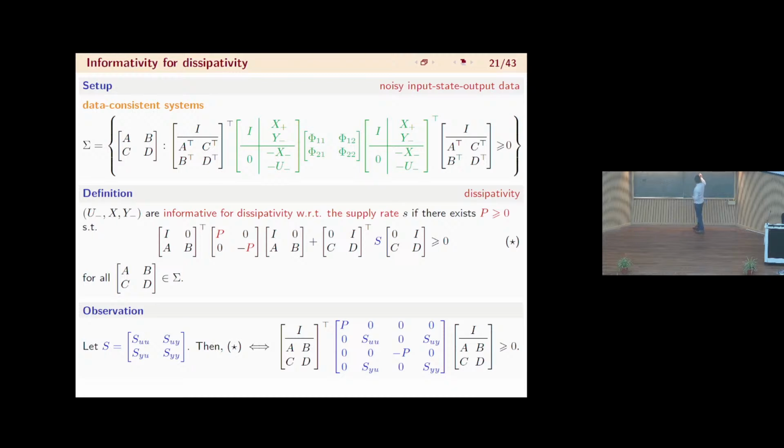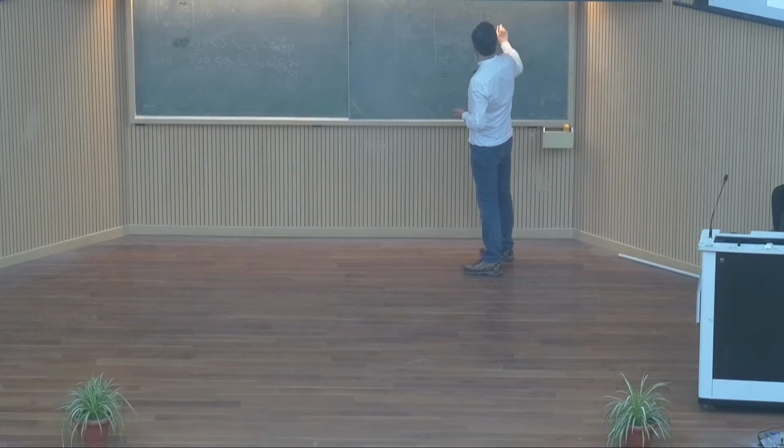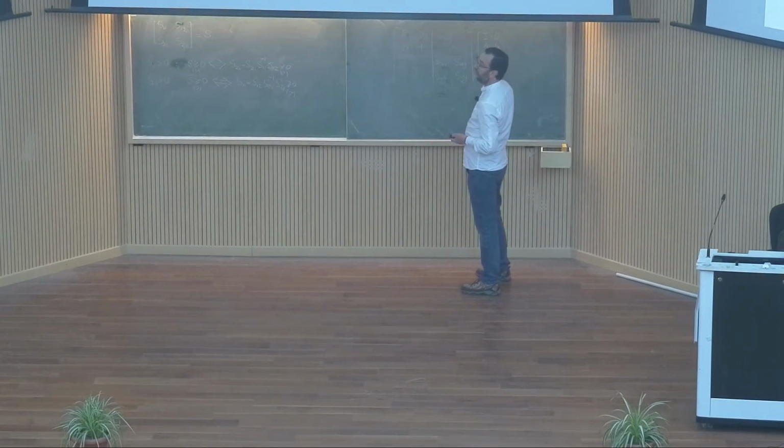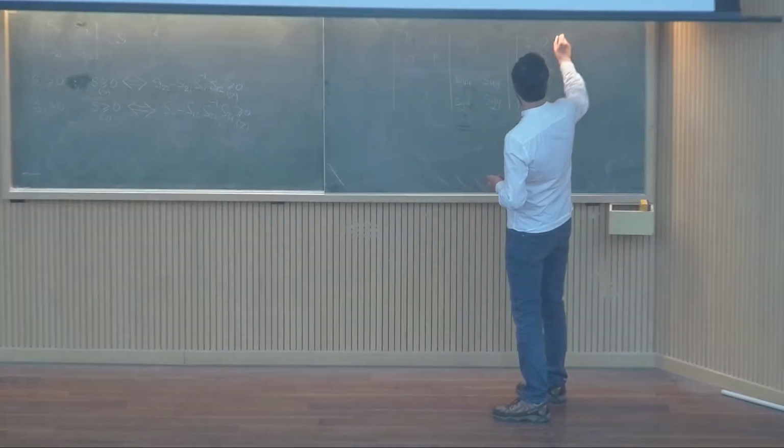I take P, 0, 0, minus P, and S, the S matrix partitioned, and zeros here. And I write I, 0, A, B here and 0, I, C, D here.